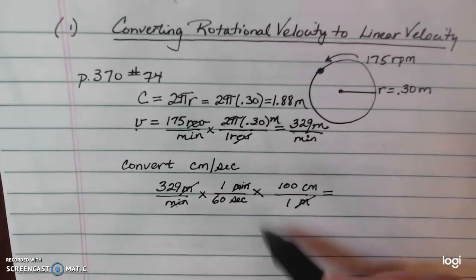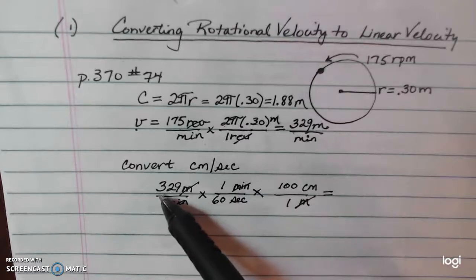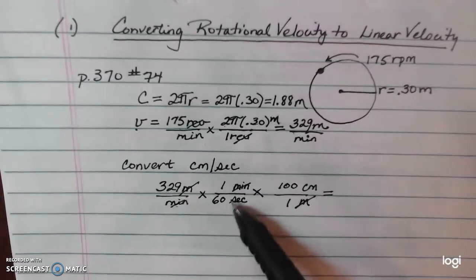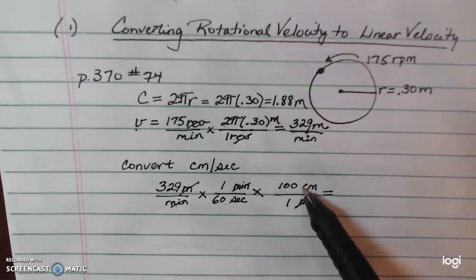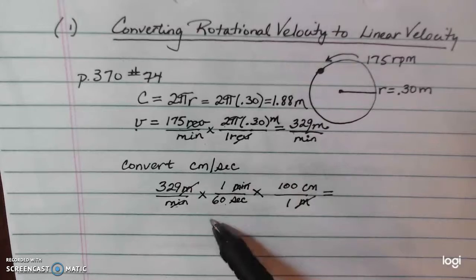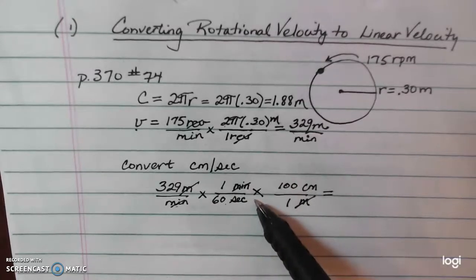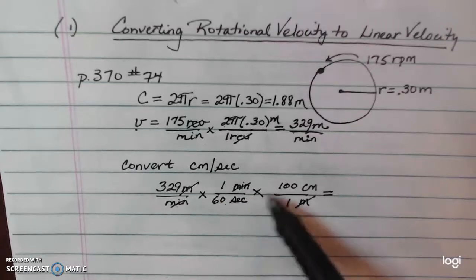And when we perform this calculation, make sure you enter it properly in your calculator. 329 divided by 60 times 100. And as we've talked in class, depending on the order of operations in your calculator, you may want to hit a total right here to make sure that your calculator is then multiplying this subtotal by 100.